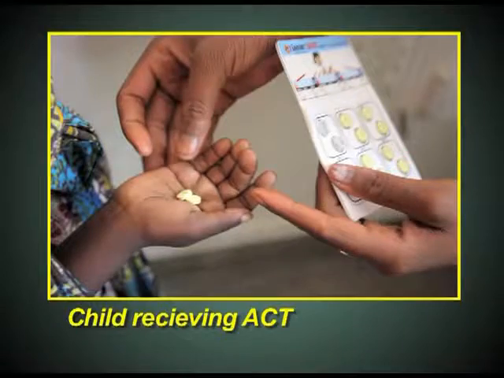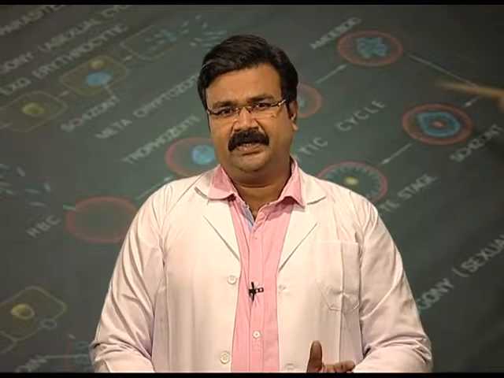In combination therapy, we cannot use artemisinin alone; we have to use it in combination with another anti-malarial. This new concept is known as ACT, artemisinin combination therapy, which is very prevalent in malaria treatment. In India, the artesunate plus sulfadoxine-pyrimethamine (ASP) combination is given as the first line of defense.